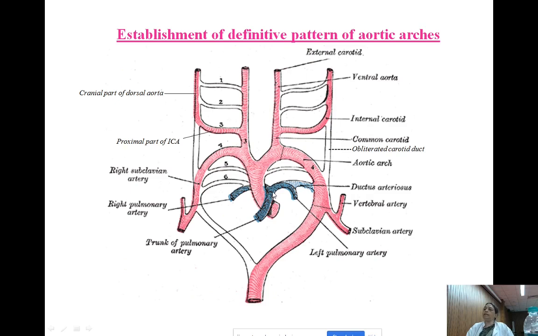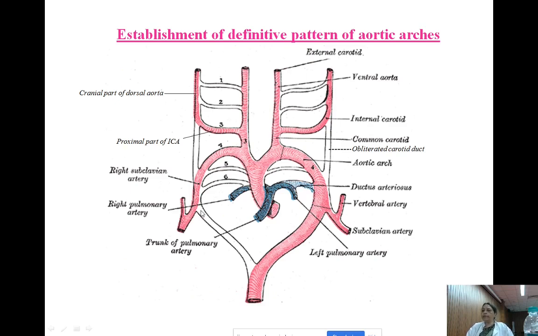On the left side, the proximal part persists as the left pulmonary artery, and the distal part also persists. The distal part is not obliterated, and it connects to the dorsal aorta. That connection of the left pulmonary artery with the dorsal aorta is known as the ductus arteriosus.